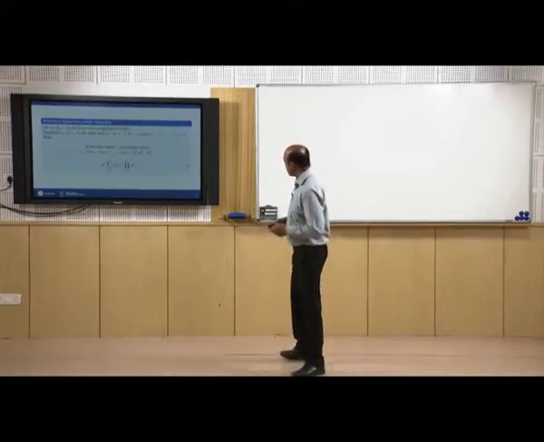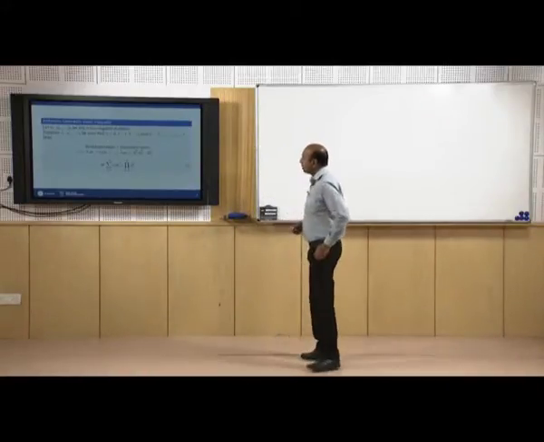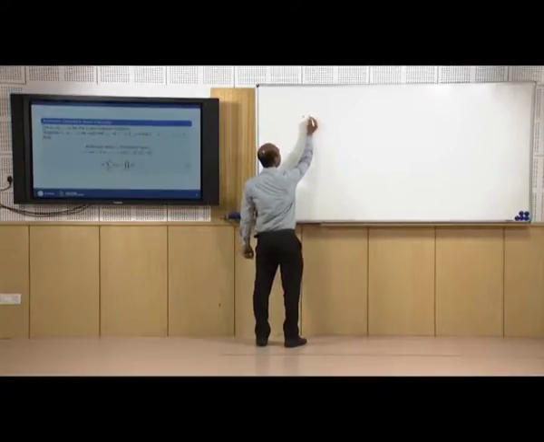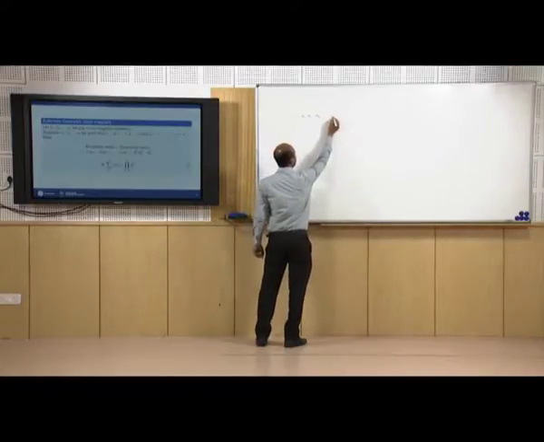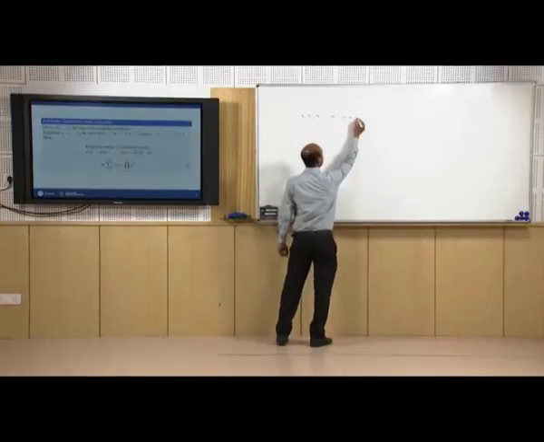Now, what is the theory? Let us discuss the theory basically. Suppose u1, u2 up to un are any n non-negative numbers.